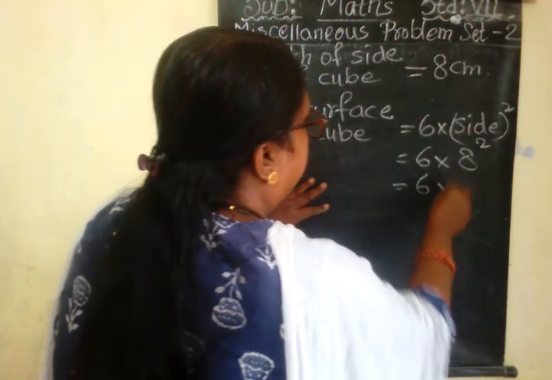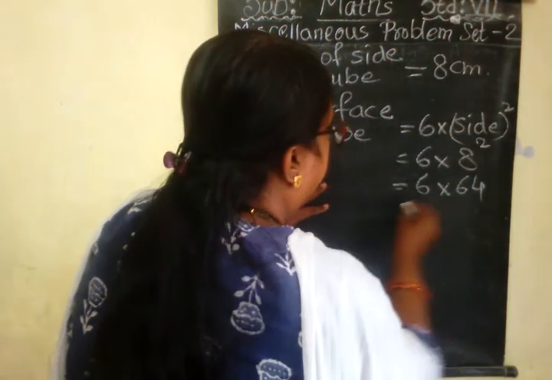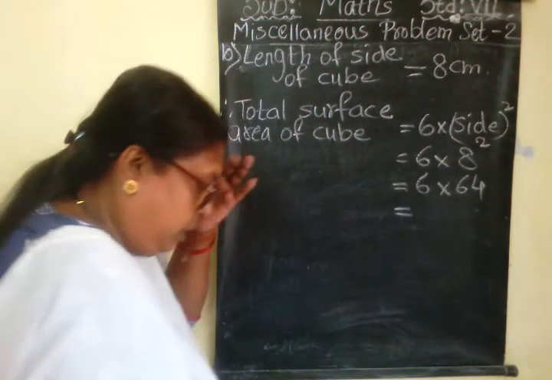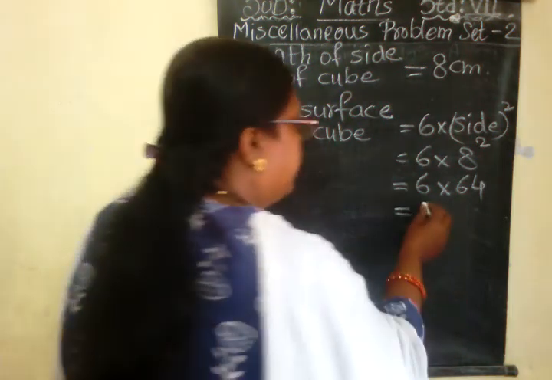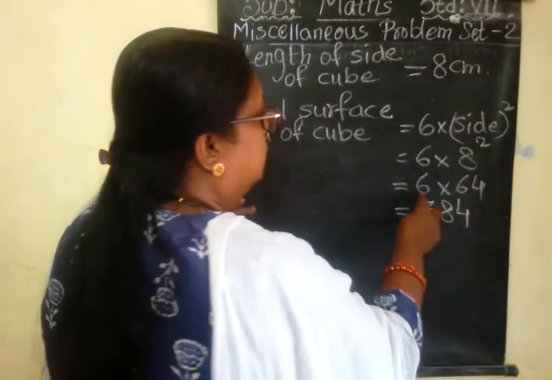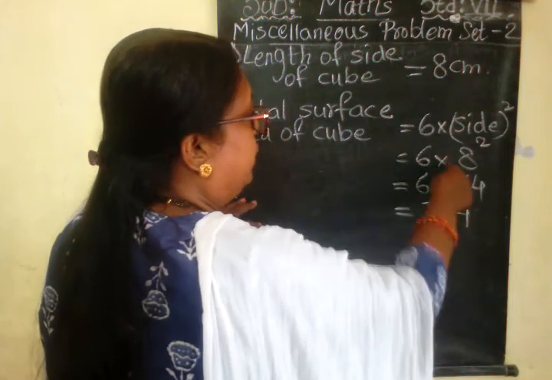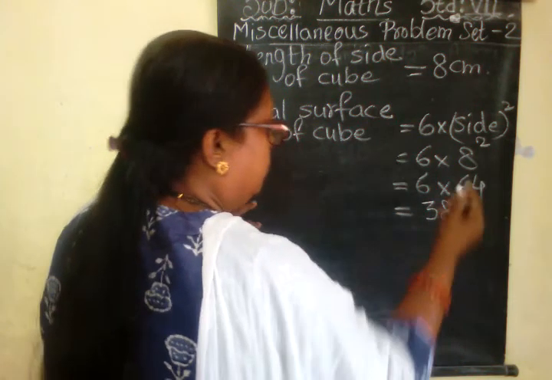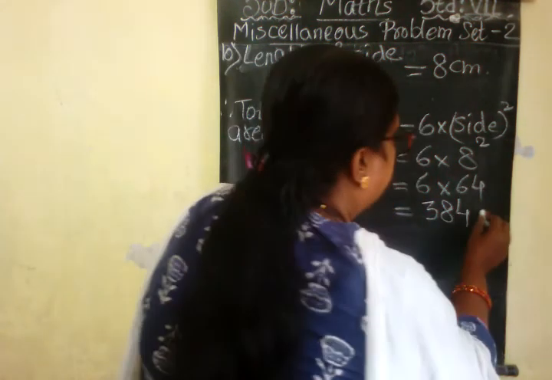which will be 6 into 8 square. 8 square is 64, and so answer you get as 384. 6 4s are 24, 4 carried 2, 6 is a 36 plus 2, 38. Square centimeter.